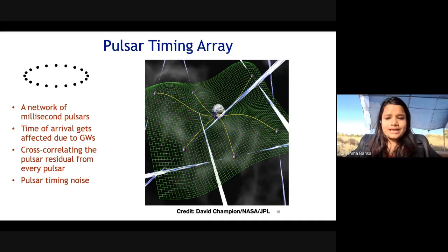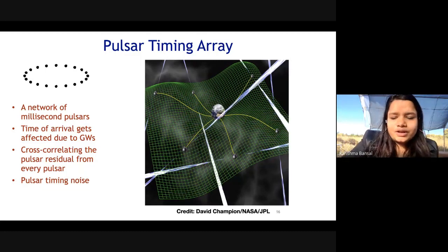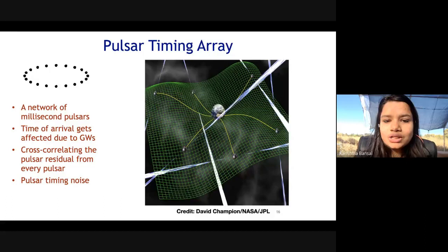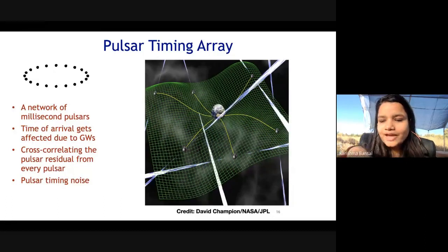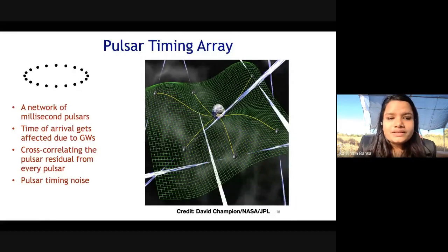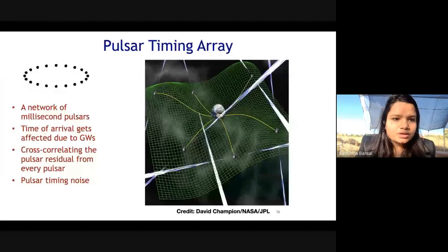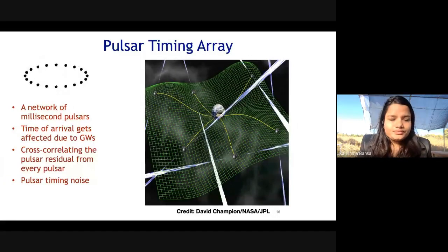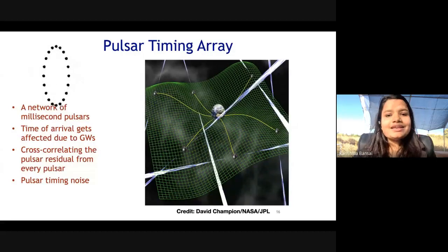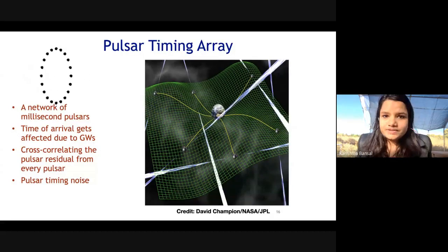So think of it as, on the picture here on the right, here's the Earth, our favorite planet. All these dots here on the fabric of space-time are neutron stars. They are basically pulsars. And what happens is, when there's a gravitational wave, it squeezes and compresses the space-time, right?